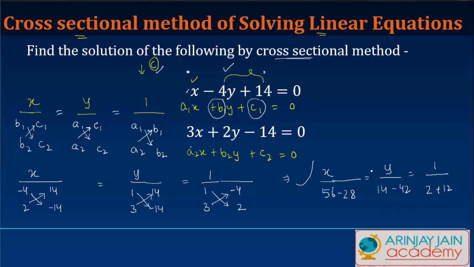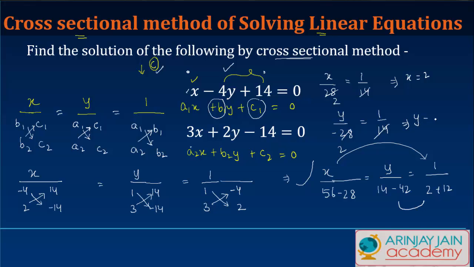Now you can simply find the values of x and y by using these equations. So I get x upon 28 is equal to 1 upon 14, or x is equal to 2. Using the other two, I get y divided by minus 28 is equal to 1 upon 14, or y is equal to minus 2.